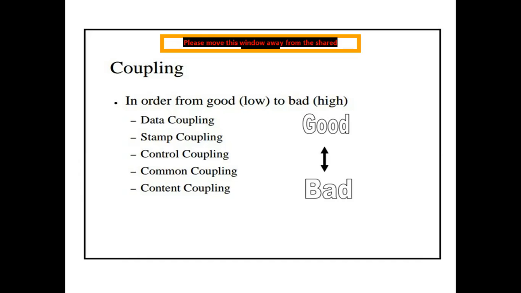So data coupling is more powerful. After that, stamp coupling. After that, control coupling. And at the lowest level, you can check here content coupling. So these are the various classifications or types of coupling. Coupling means, as you have already understood, the interdependencies of various components in a module.